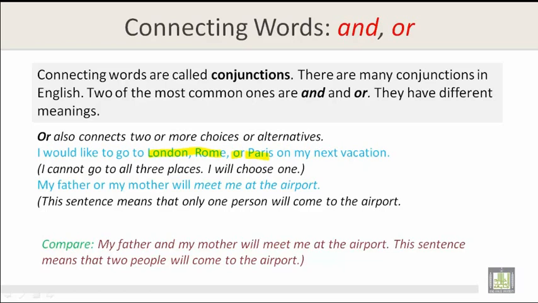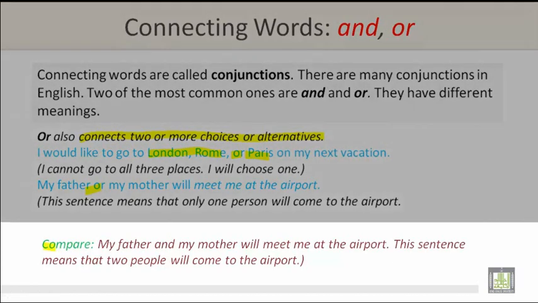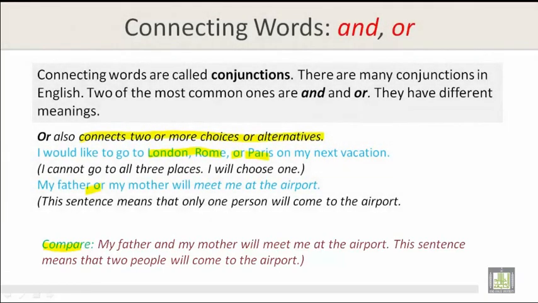I will choose one. My father or my mother will meet me at the airport. This sentence means that only one person will come to the airport. In both of these examples, or connects two or more choices or alternatives. Let us compare. My father and my mother will meet me at the airport. This sentence means that two people will come to the airport.